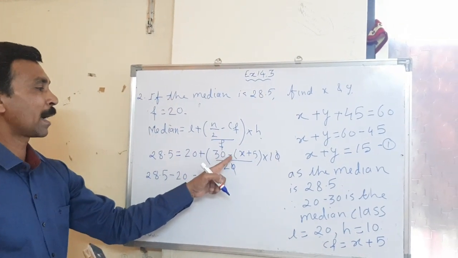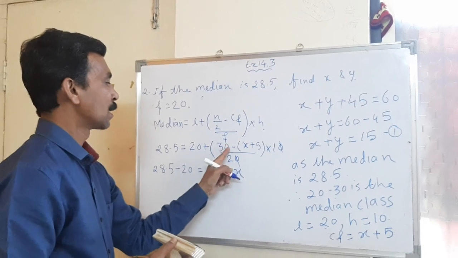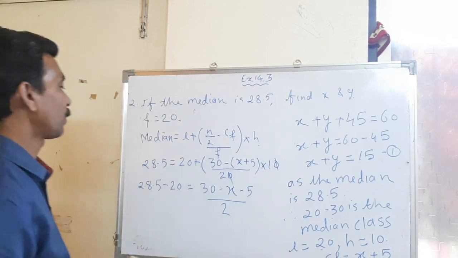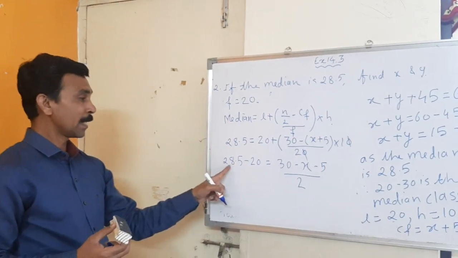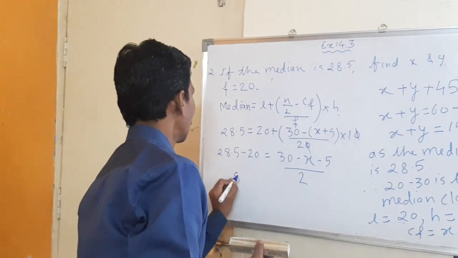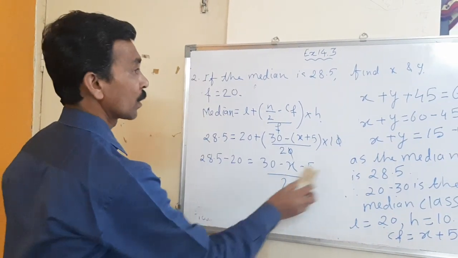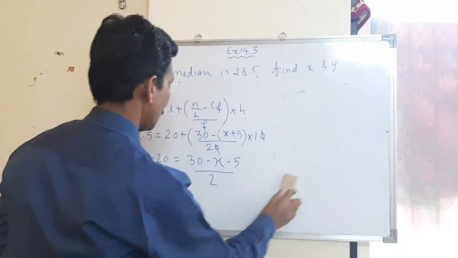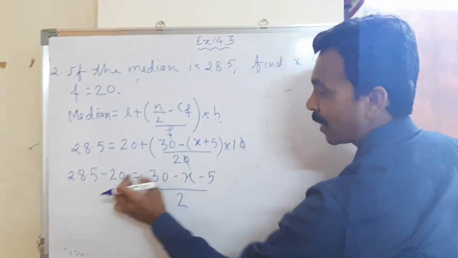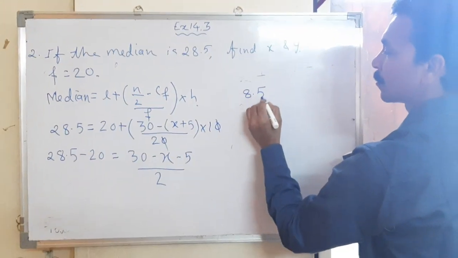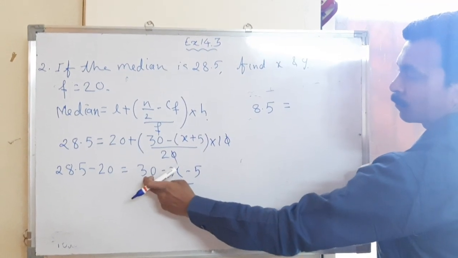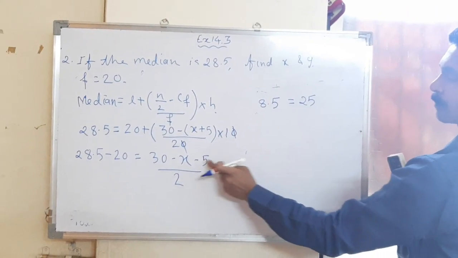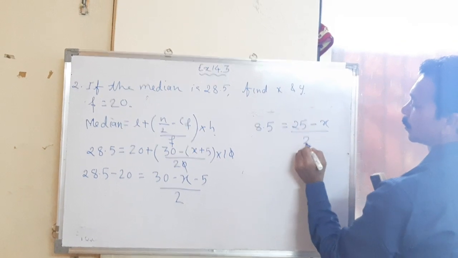I will open the bracket: minus into plus is minus x, minus into plus 5 is minus 5, upon 2. 2 is left here. 28.5 minus 20 is 8.5, equal to 30 minus 5, which is 25, minus x, upon 2.